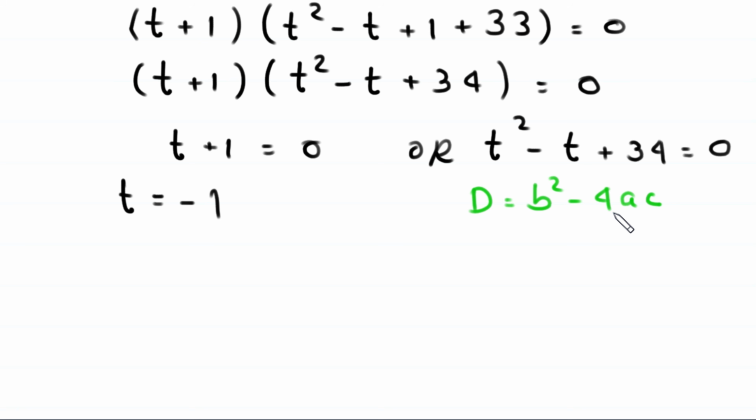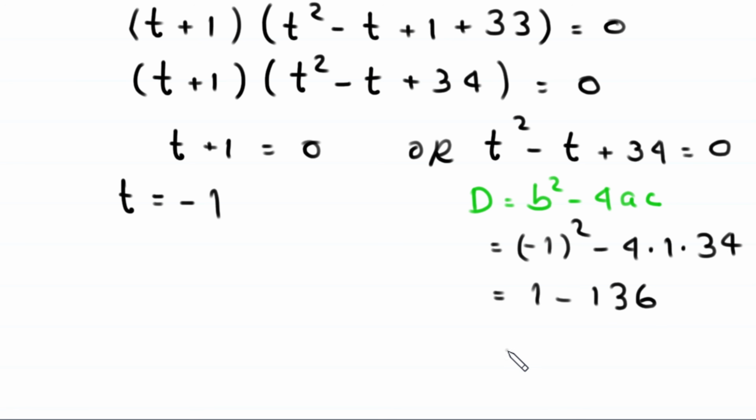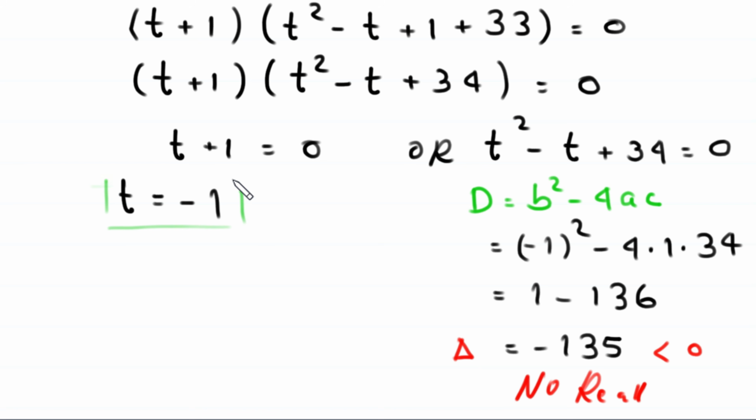Since b is negative 1, the discriminant will be equal to negative 1 squared minus 4 times a is 1 times c is 34, and this simplifies to 1 minus 136, and this is equal to negative 135. It means that the discriminant, that is also called delta, is less than 0. Means that no real solutions can be found from this case. So we accept only this value of t, negative 1.